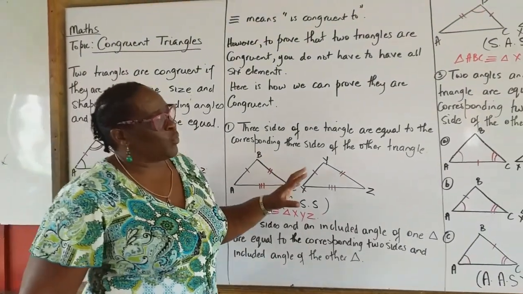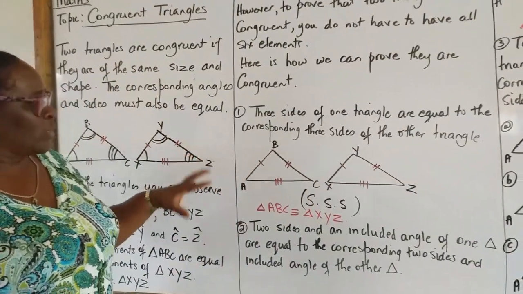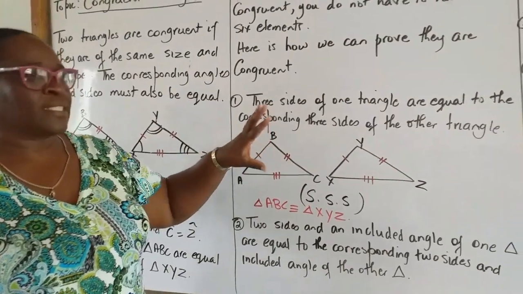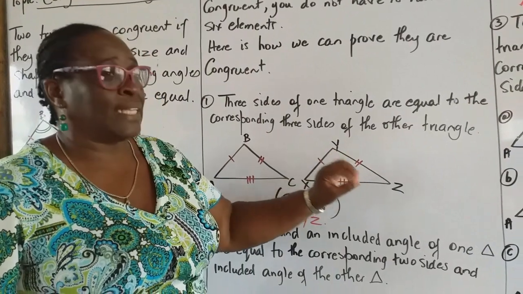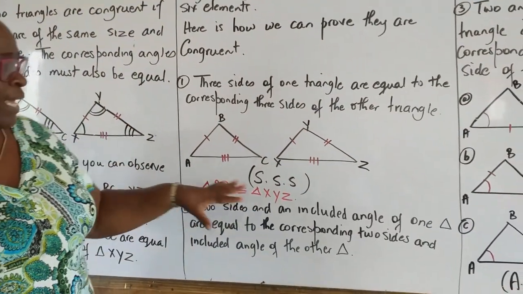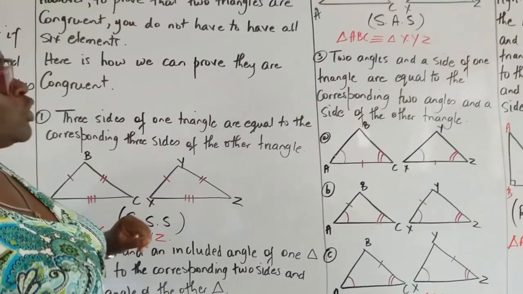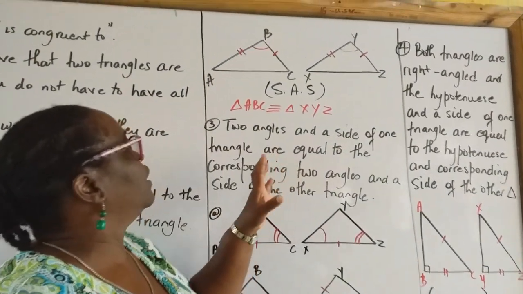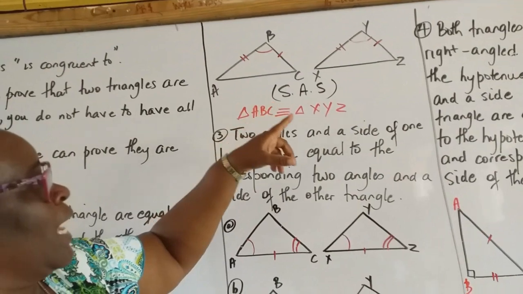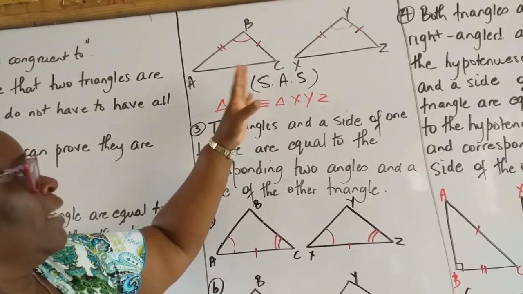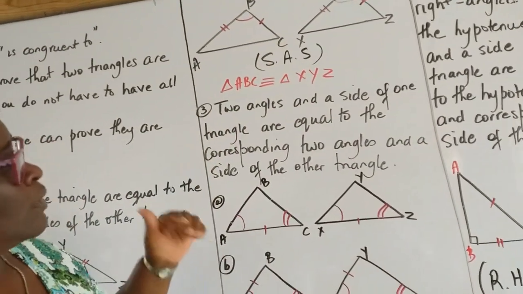So there are 4 different ways we can prove them. One, you can have three sides of one triangle equal to the corresponding 3 sides of the other one, and that would be SSS. We also have where you are given 2 corresponding sides and a corresponding angle, and that is side, angle, side, and that would make it congruent.